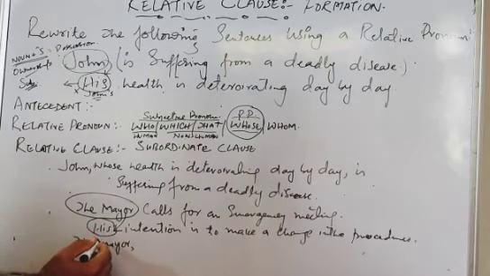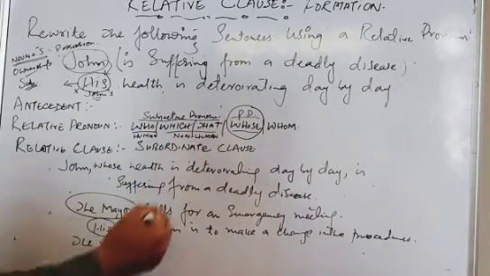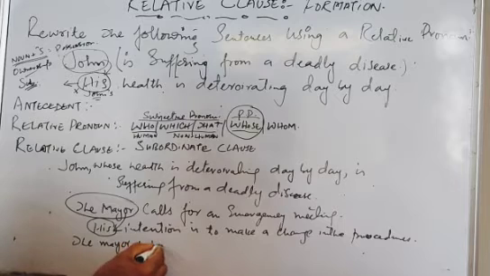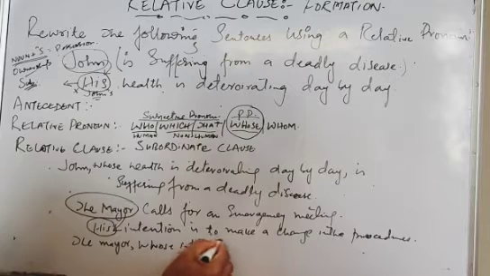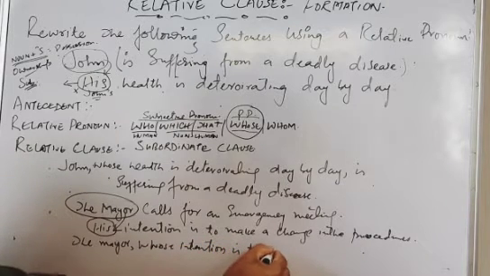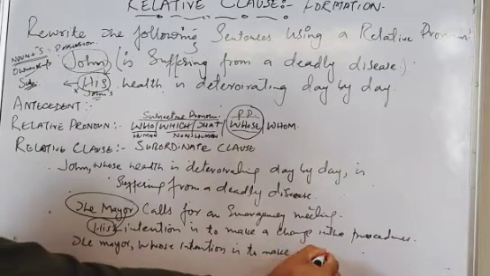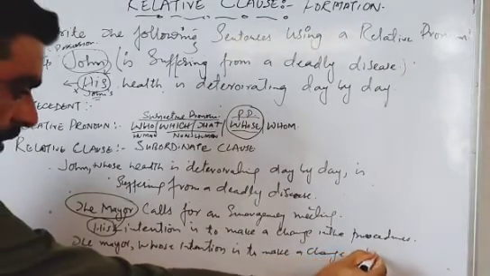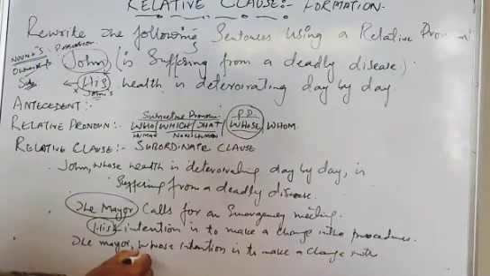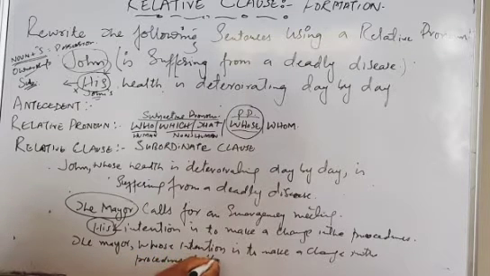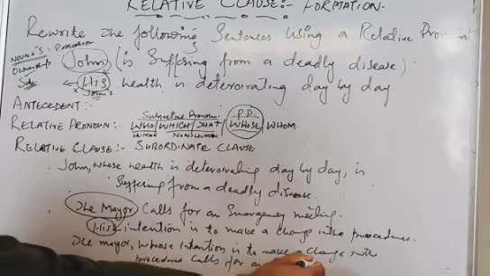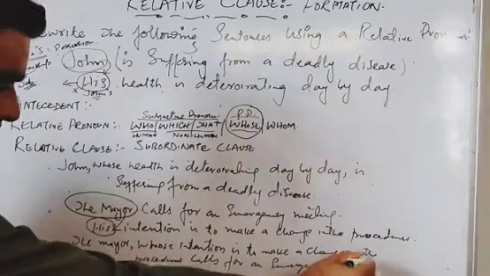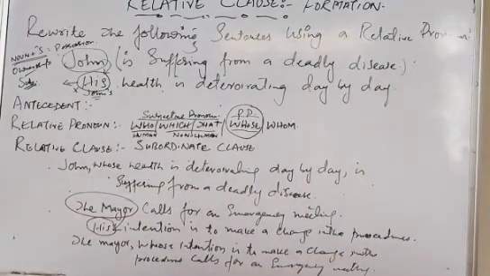Since in the second sentence his is used, it will be replaced by whose: whose intention is to make a change in the procedures, comma, calls for an emergency meeting.